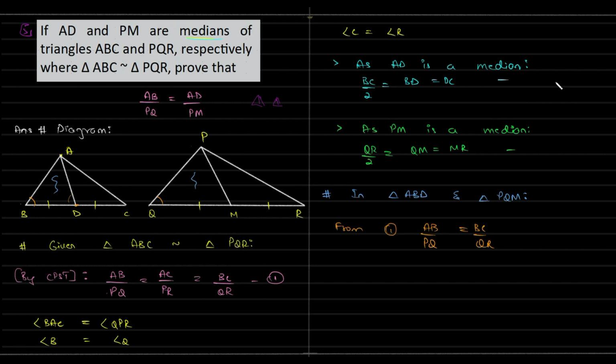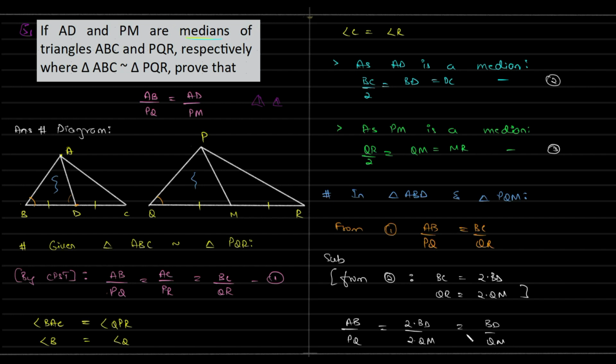From equation 2, we have BC is equal to 2 times BD, and QR is 2 times QM. So let's substitute that. We have AB by PQ is equal to 2 times BD by 2 times QM, which is BD by QM, right?